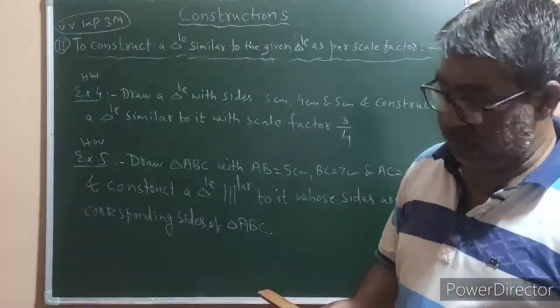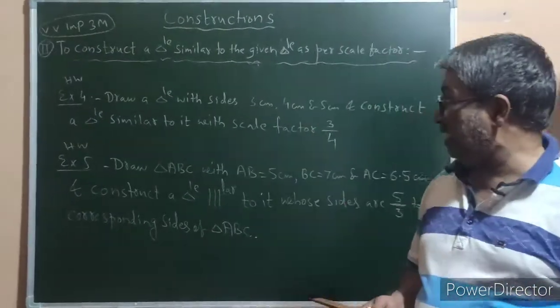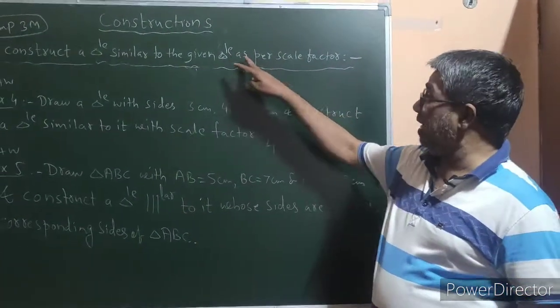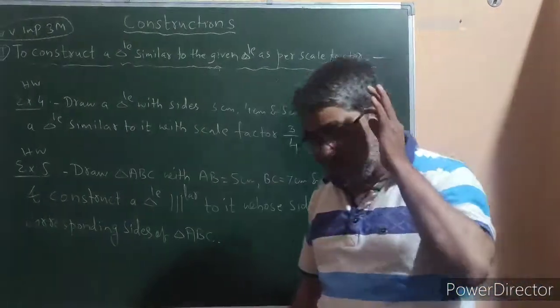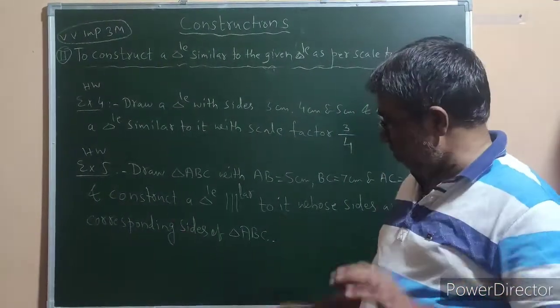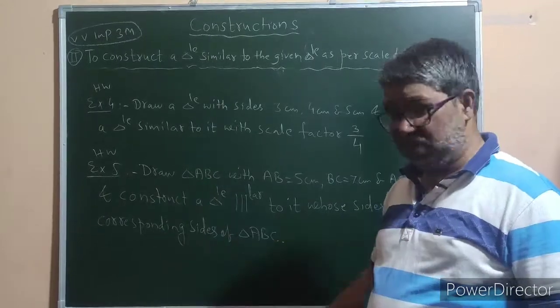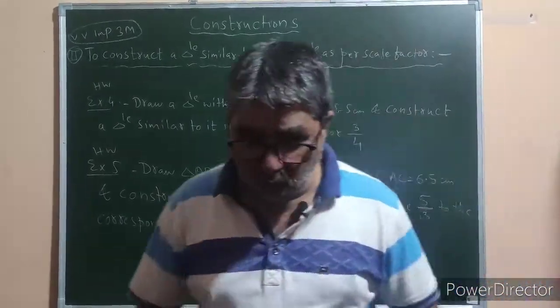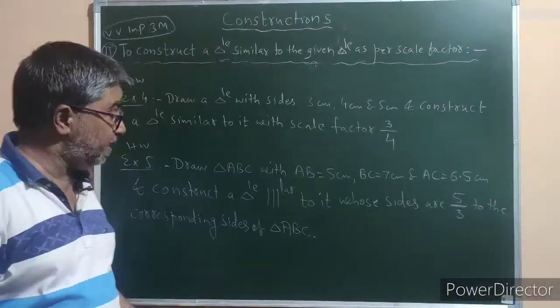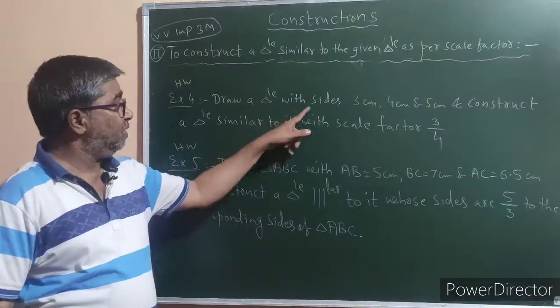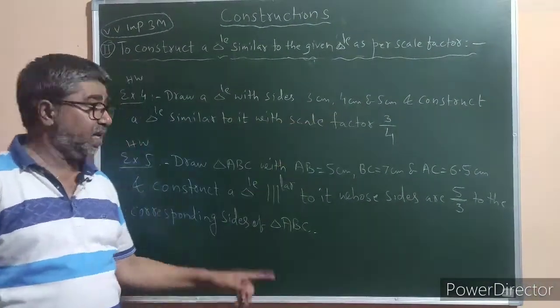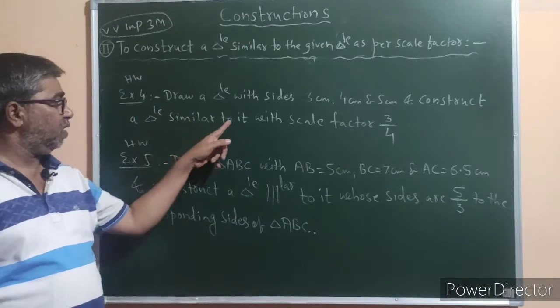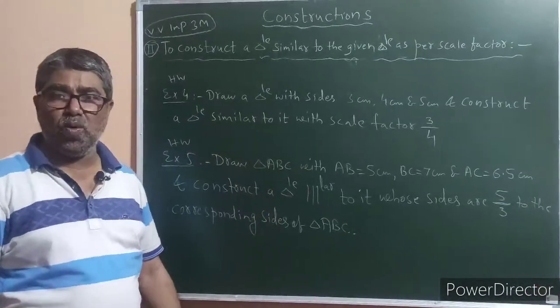Dear students, to construct a triangle similar to the given triangle as per scale factor, we have seen 3 examples. Based on this, 2 examples I have given you for homework. Let me read these examples. Draw a triangle with sides 3, 4 and 5 centimeter and construct a triangle similar to it with scale factor 3/4.